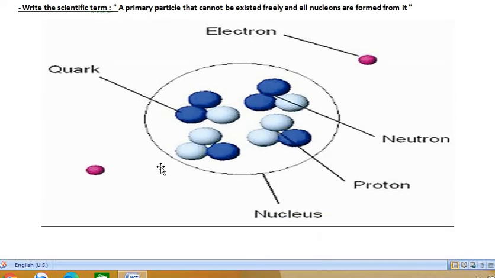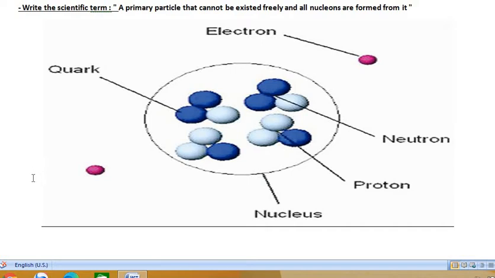There are 6 types of quarks: up quark, down quark, top quark, bottom quark, strange quark, and charm quark.